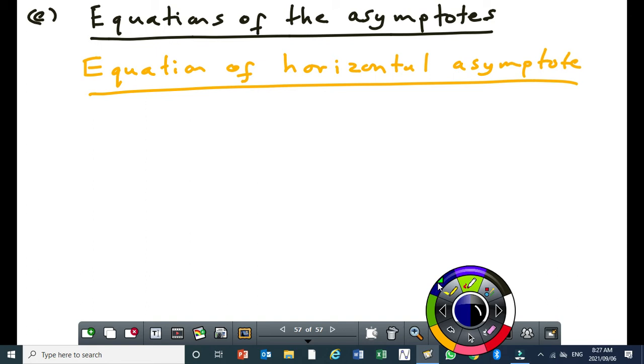Since it is a horizontal asymptote, the equation has to start with y. Therefore, the equation will be y equal to q.